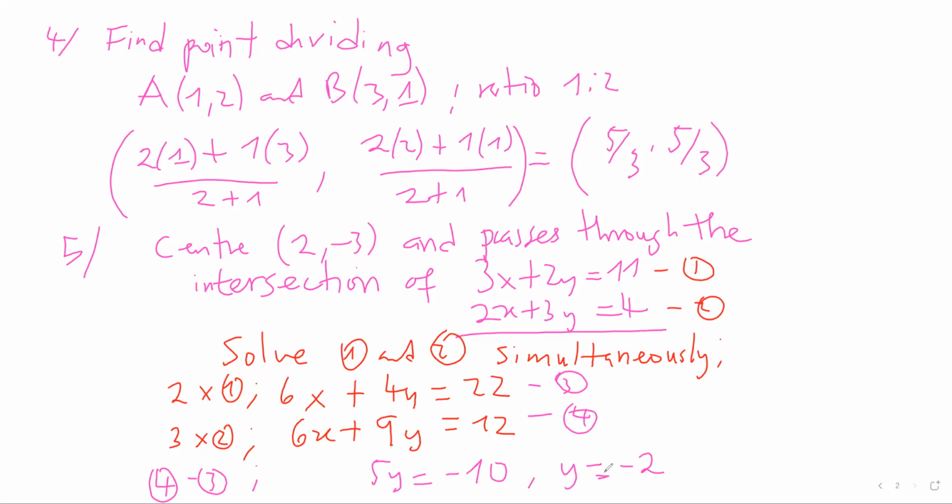So if we know y now, then we can substitute y, for instance, into equation 1, and then solve for x. So in equation 1, we have 3x plus 2, and then y is now minus 2, is equal to 11.